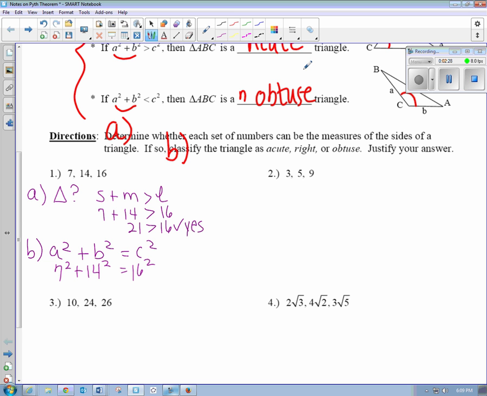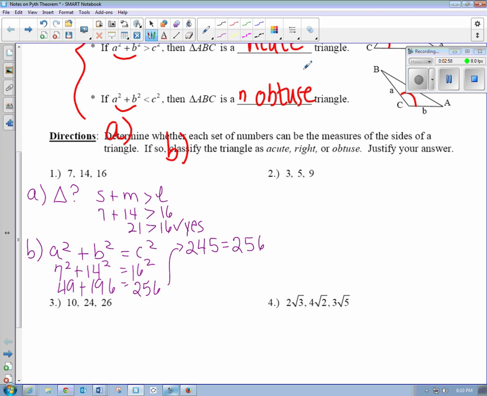Is 49 plus 196 equal to 256? So 196 plus 49 is 245. Is 245 equal to 256? My answer is no, so it's not a right triangle.